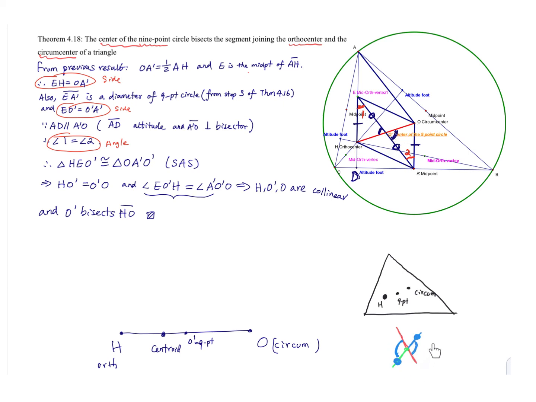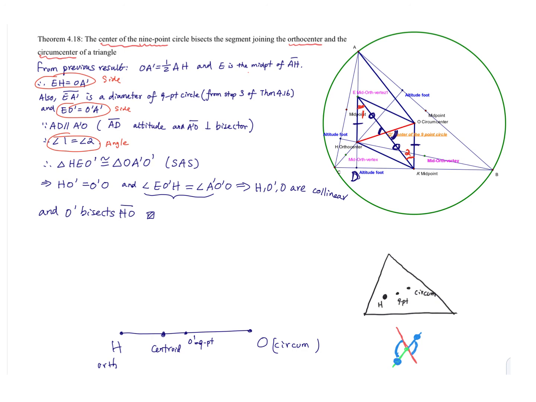Now I'm going to quote the earlier result: you show that there's a straight line, which is the diameter in this case, and you show that these two opposite angles are equal, therefore these 3 points have to be collinear. So we now conclude that H, O', O are collinear. And now we can say O' bisects HO because they are on the same segment. I can now say it bisects this segment.